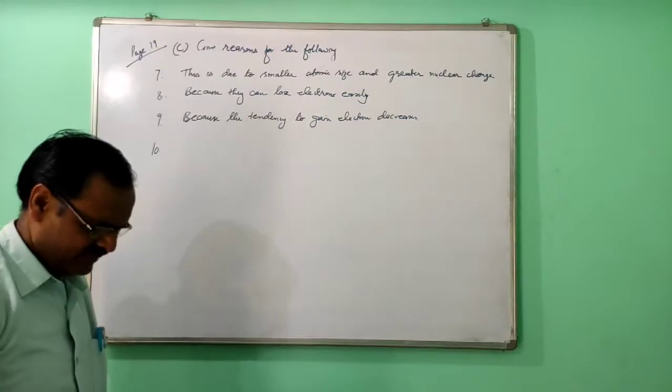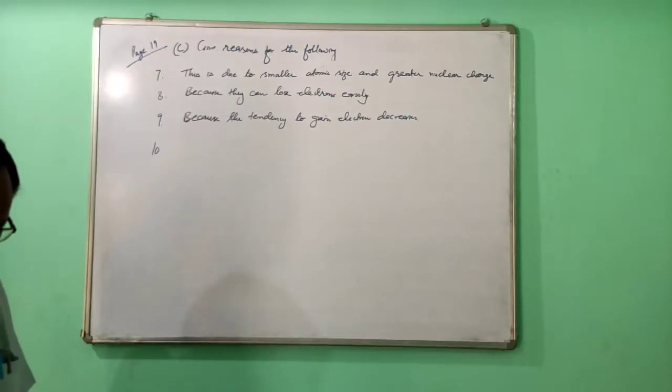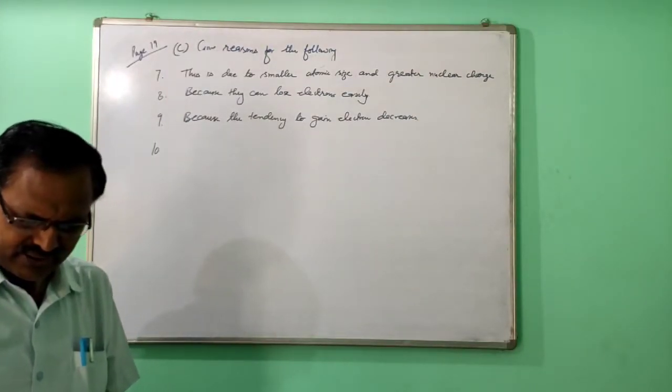Now the 10th one, atomic size decreases across a period but increases down a group.